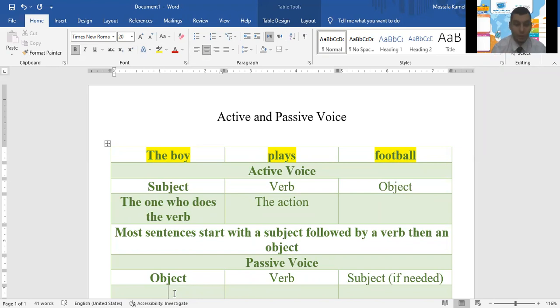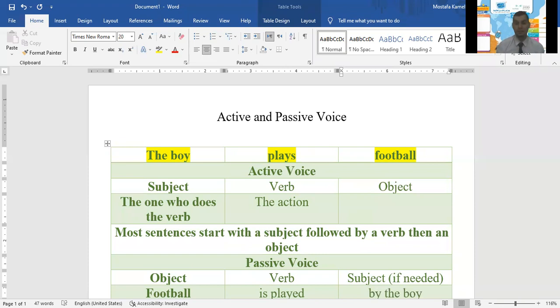Football. Football, very good. What is the verb? The verb is plays. So football is one or more than one? One. So is played. Who plays football? The boy. Very good. By the boy.